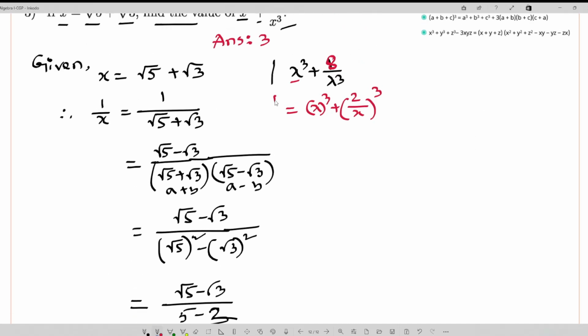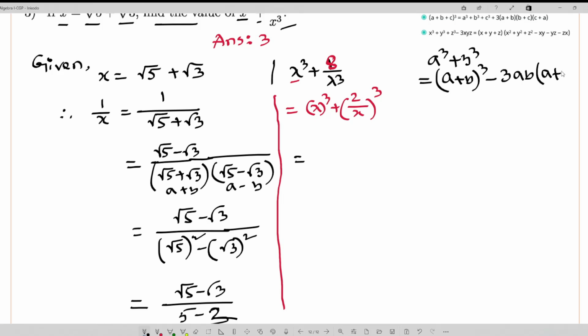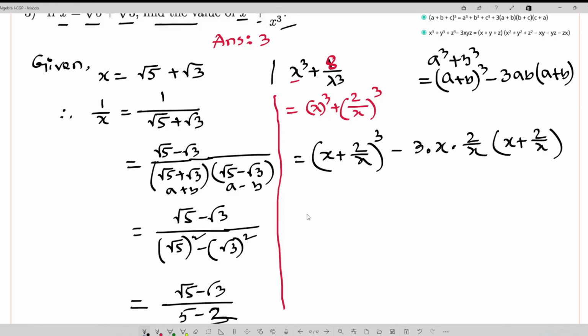Now look, this one we can write as per the a cube plus b cube formula, which is a plus b whole cube minus 3ab times a plus b. So x cube plus 2 by x cube: we can write x plus 2 by x whole cube minus 3 times x times 2 by x times x plus 2 by x, right?